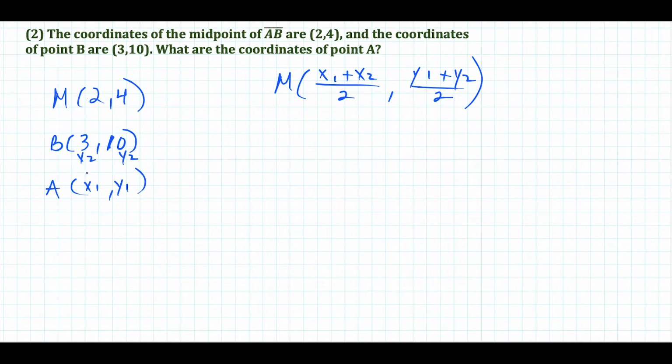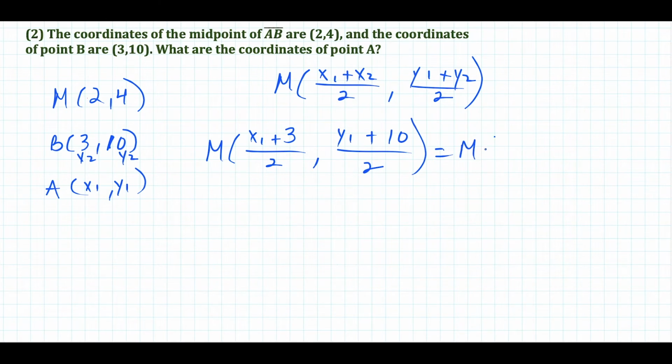Now we make a substitution. The midpoint is x1 plus 3 divided by 2, comma, y1, which is what we're looking for, plus 10 divided by 2 as well. And we're told that the actual coordinates for the midpoint are 2, 4.